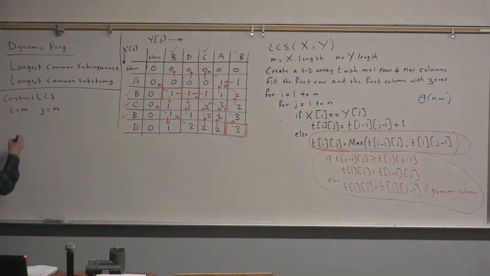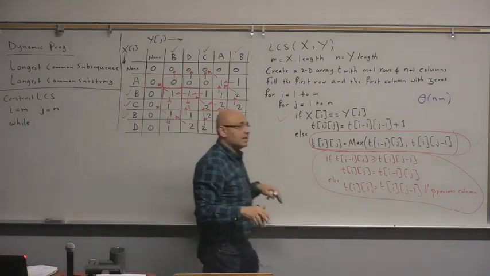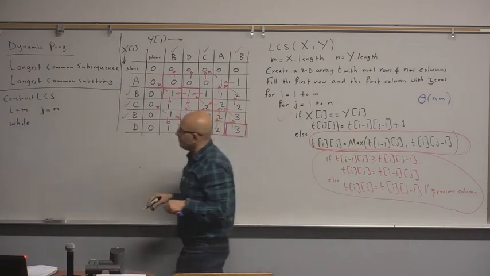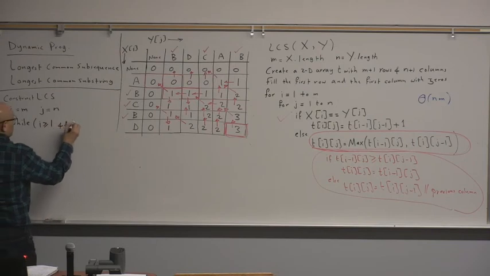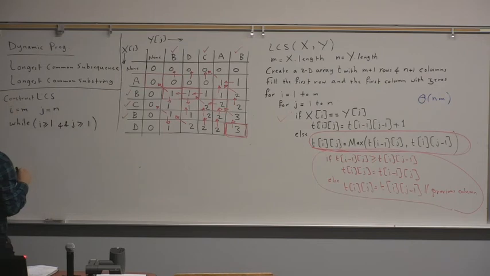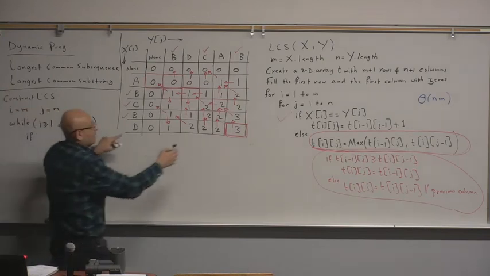Then, when do we stop? We keep going as long as both indices are greater than or equal to 1. So while i is greater than or equal to 1 and j is greater than or equal to 1. Now, what did we check on? If the two characters are equal.